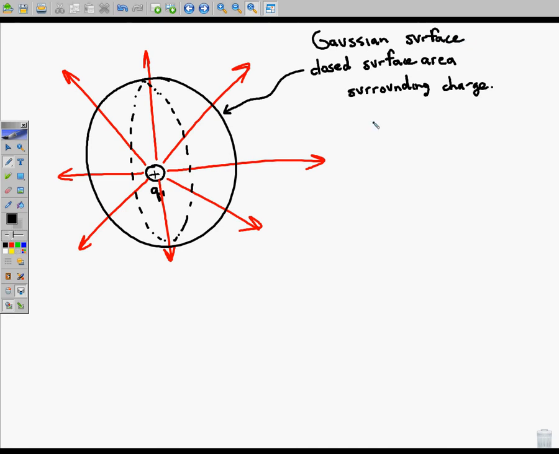I want to calculate how much flux goes through this Gaussian surface. And let's say the radius of this particular sphere is r.